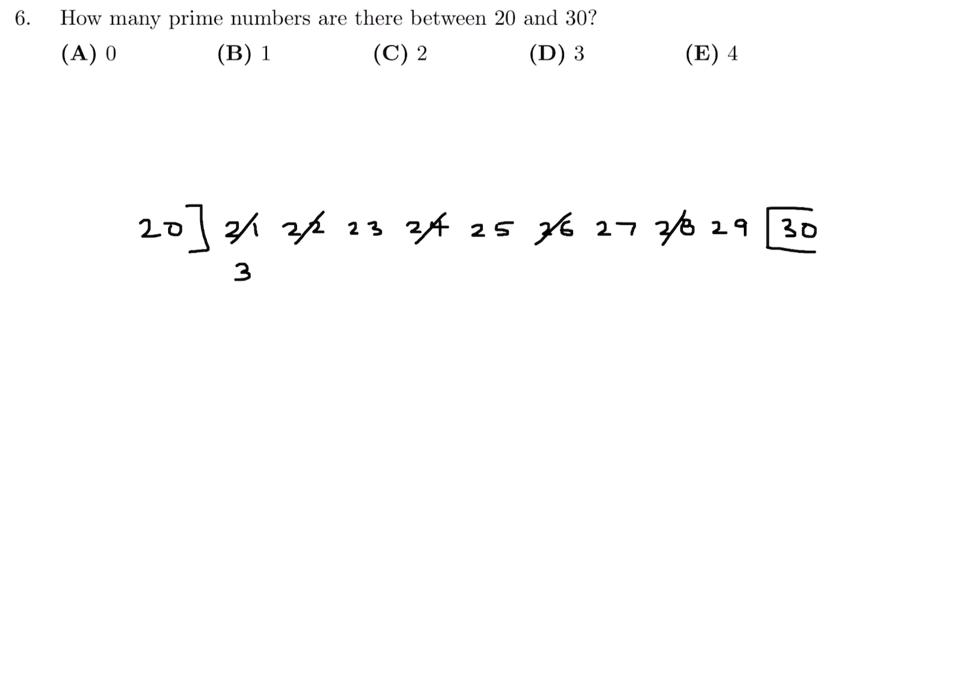A prime number is not divisible by anything except 1 and itself. Is 23 a prime number? Yes, it is, so circle that one. 25 is divisible by 5, so that's not prime. 27, is that divisible by anything? Yes, it's divisible by 3. And 29 is indeed a prime. So there are only 2 prime numbers between 20 and 30. Therefore, number 6, the answer is C.